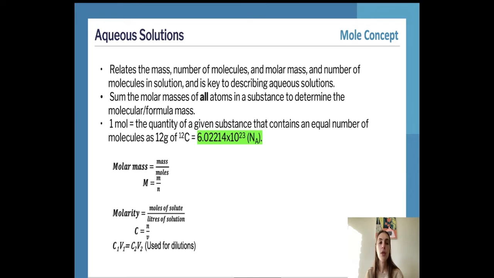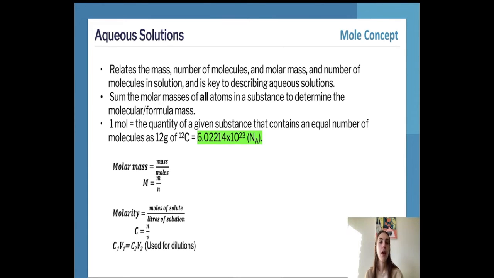And so 1 mole is going to equal the quantity of a given substance that contains an equal number of molecules as 12 grams of carbon-12. And so carbon-12 is like our measurement point. It's our standpoint where we use that to determine moles, basically.